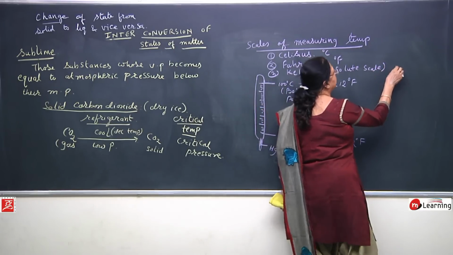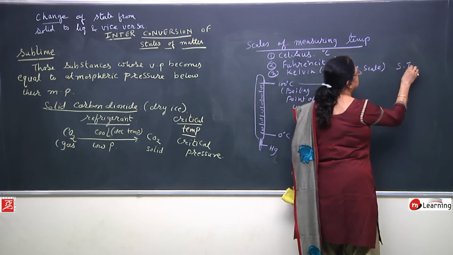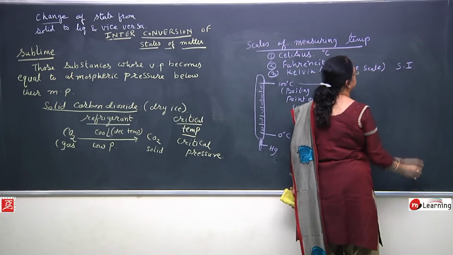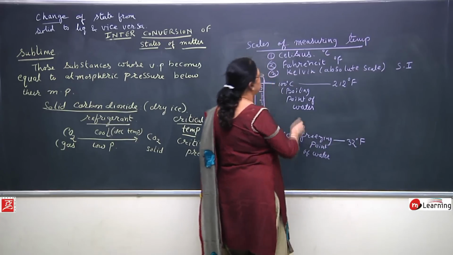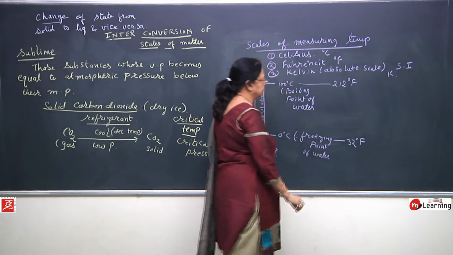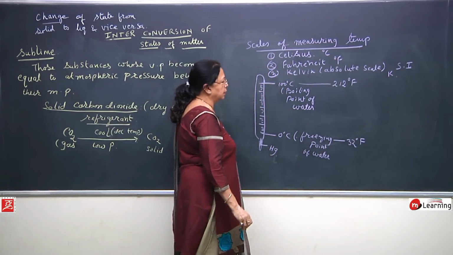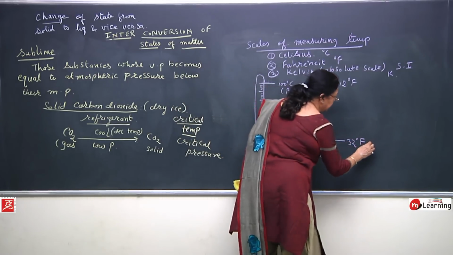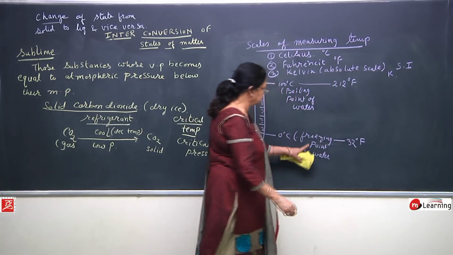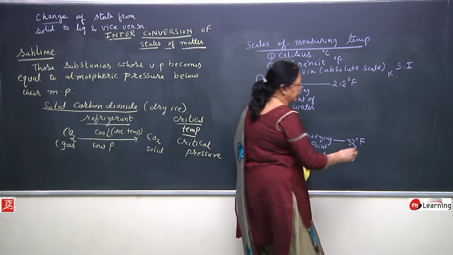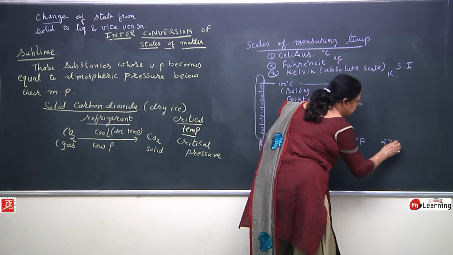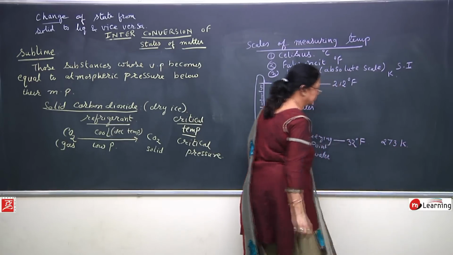This is also called the SI system, that is System International Unit, and we denote it by K. Now, if we express the freezing point of water in Kelvin, then it will be 273 Kelvin.